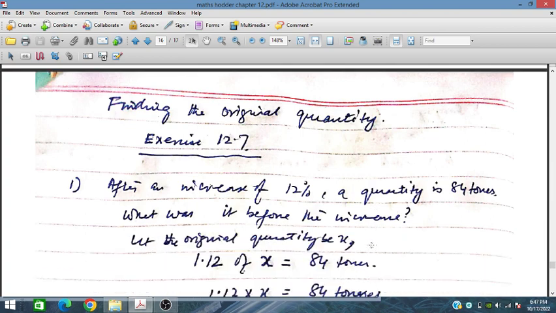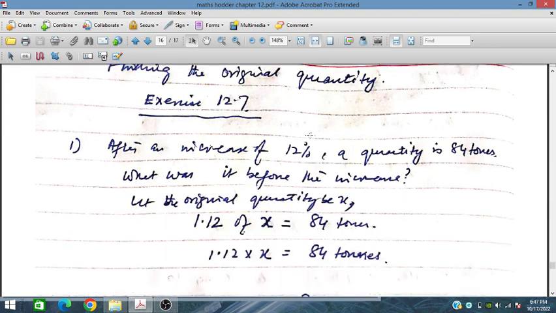Finding the original quantity. After an increase of 12%, a quantity is 84 tons. What was it before the increase? The original quantity is considered as X. So the original tons was X, and the amount increased by 12%, so that is 112%.